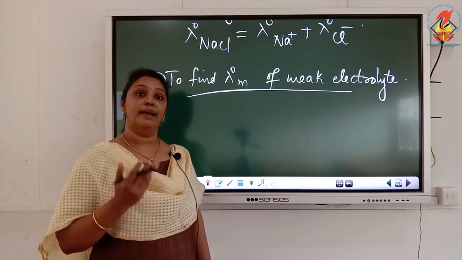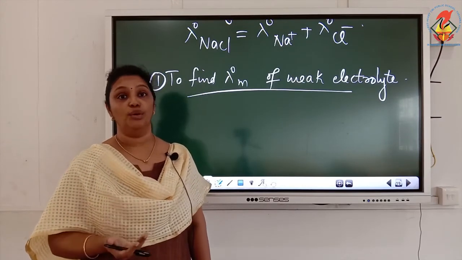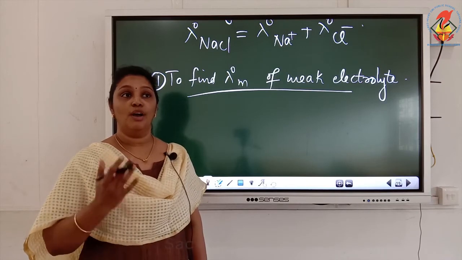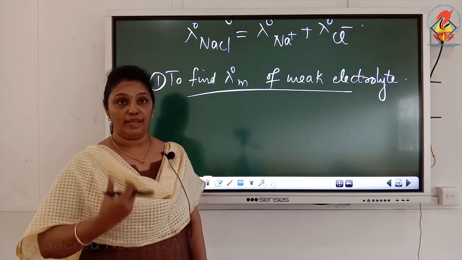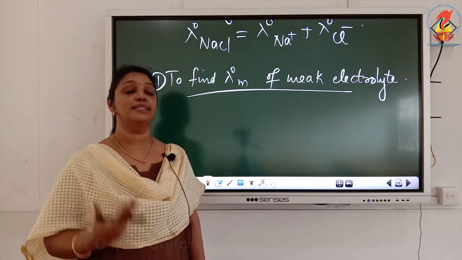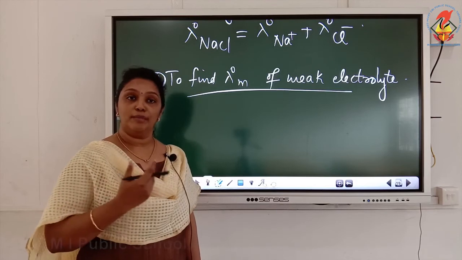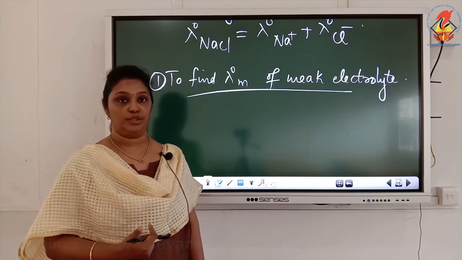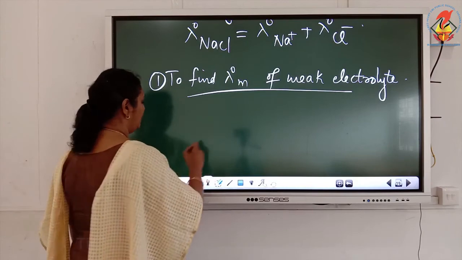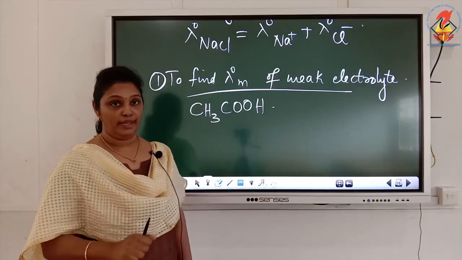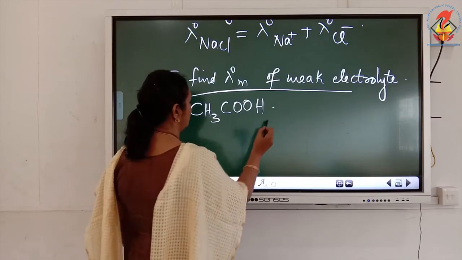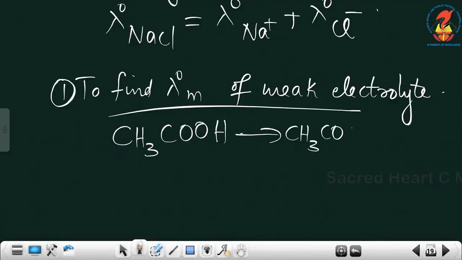From the knowledge of the limiting molar conductivity values of strong electrolytes, we can find the limiting molar conductivity value of a weak electrolyte. Take the example of acetic acid, CH3COOH. We know that acetic acid is a weak electrolyte, so it dissociates into acetate ion and H+ ion.